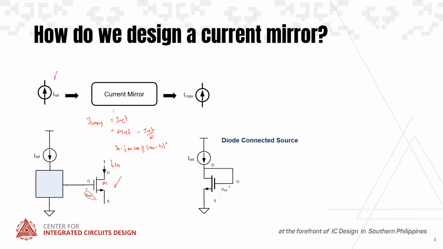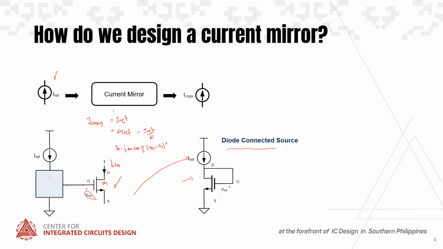So, how would we do that? I-control natin itong VGS na mag-change siya with respect na yung ID1 natin magiging IREF is by using this diode connected source. So, basically, sa diode connected source, we short the gate and the drain dito na MOSFET. So, itong black box na ito is ito na to. Iyon na yon.